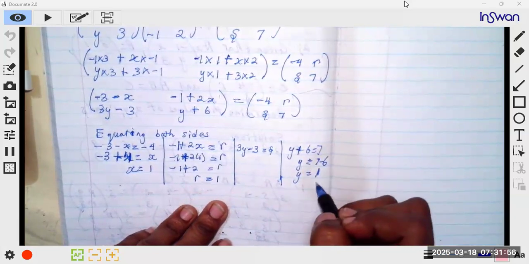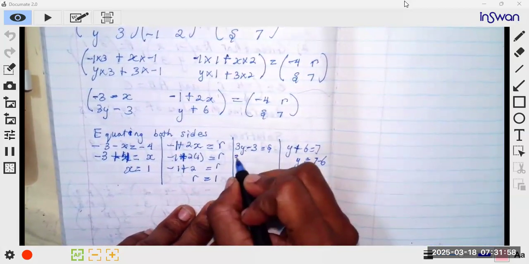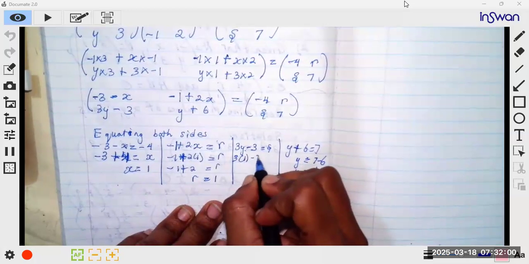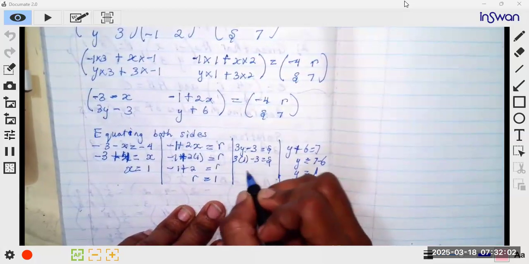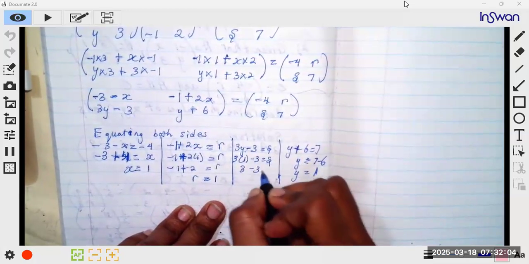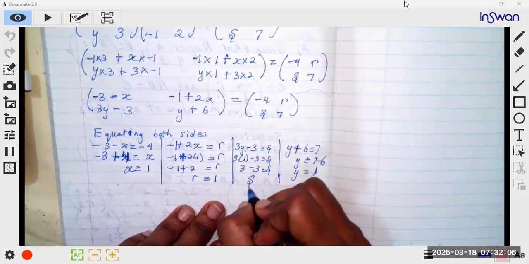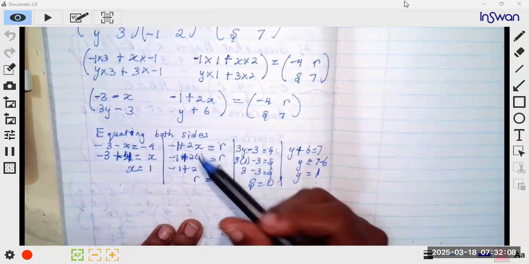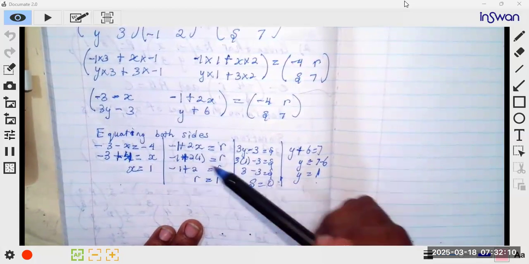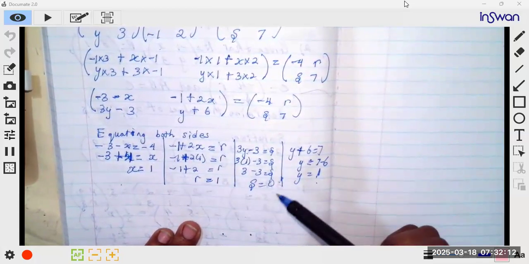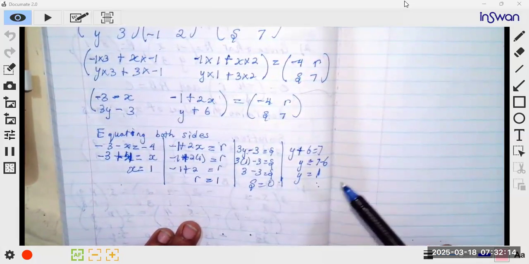So now we know the value of y, which is 1. So 3 by 1 minus 3 is equal to S. So 3 take away 3 is S. So you see S is 0. So you're getting the answer as x equal to 1, R equal to 1, S is 0, and y is 1.